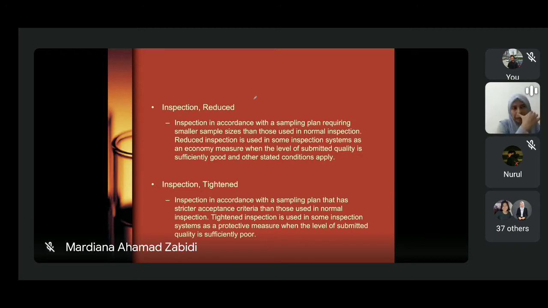The sample schedule that I showed you is normal inspection. For example, say I receive 50 carton boxes. In a normal sampling schedule, for 50 carton boxes, I need to take 10 carton boxes. That one is a normal inspection.